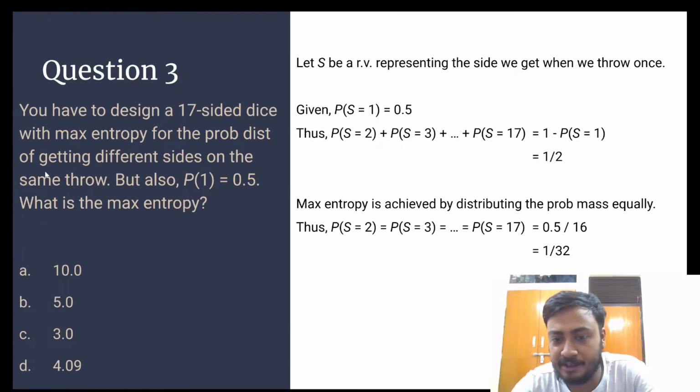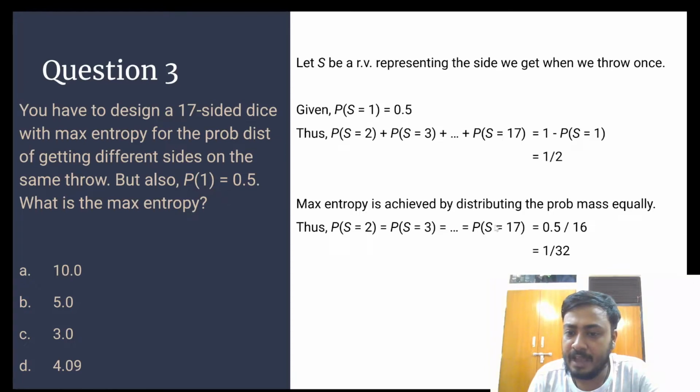Why 16? Because one side has been taken care of already, so here we are considering the remaining sides. All of them have to be equal to generate the highest entropy, so we distribute the mass evenly between all of them. So 0.5 by 16, which is 1 by 32.